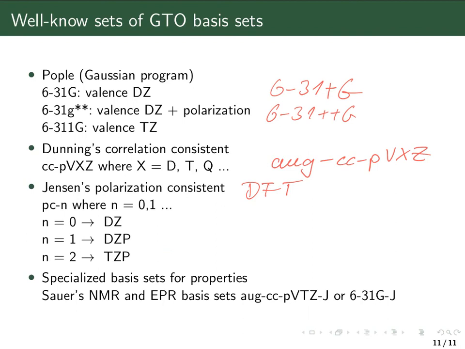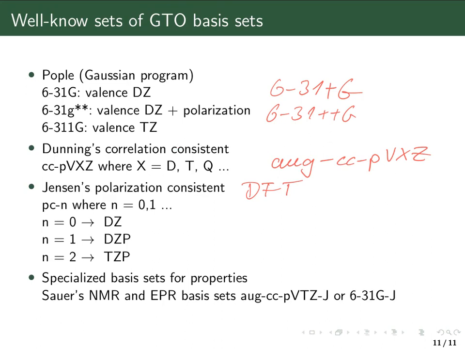But they are built in a similar way, which means that when you go from double zeta, triple zeta, quadruple zeta, you will also get more and more polarization functions of increasingly higher angular momentum.